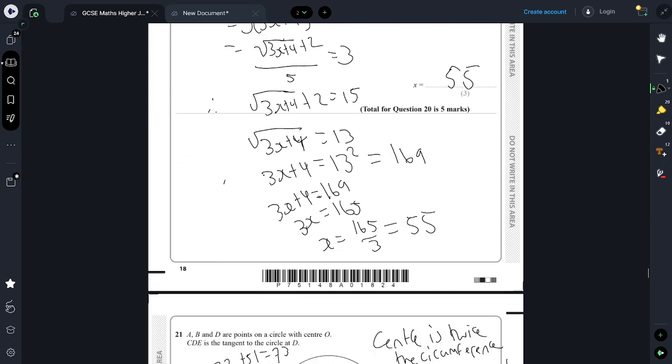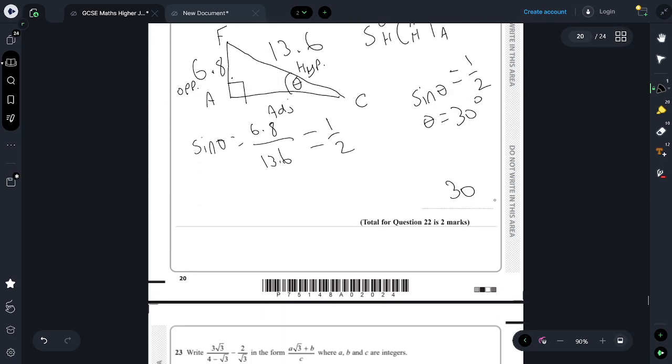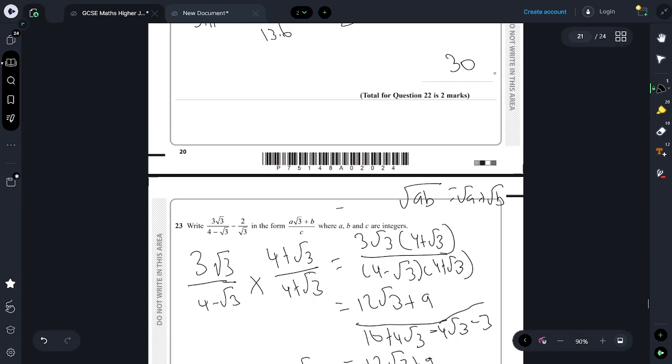So for example, with the rationalising the denominator question over here, you're only used to maybe rationalising a single fraction, but that's all you have to do. Rationalise the first fraction, then the second one, then subtract them. Do it like this, and that's all you have to do.